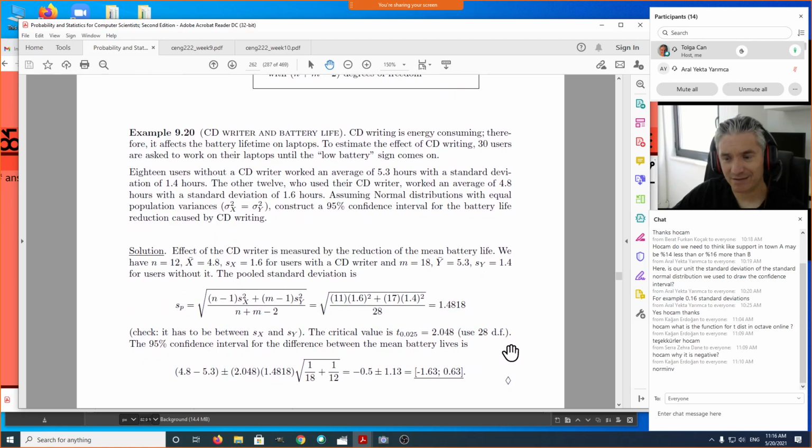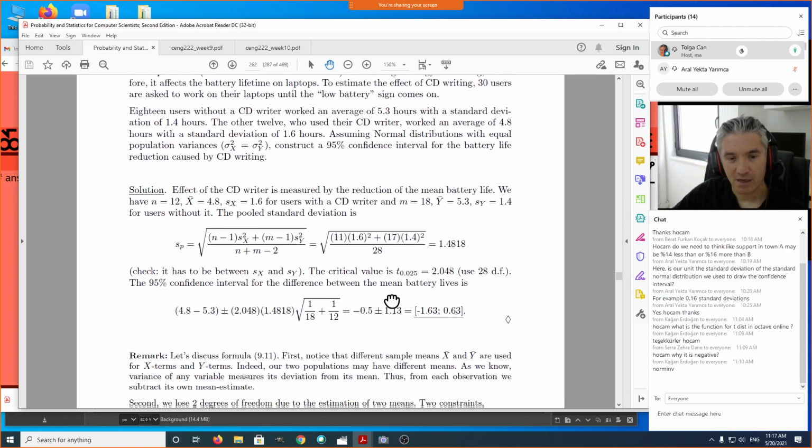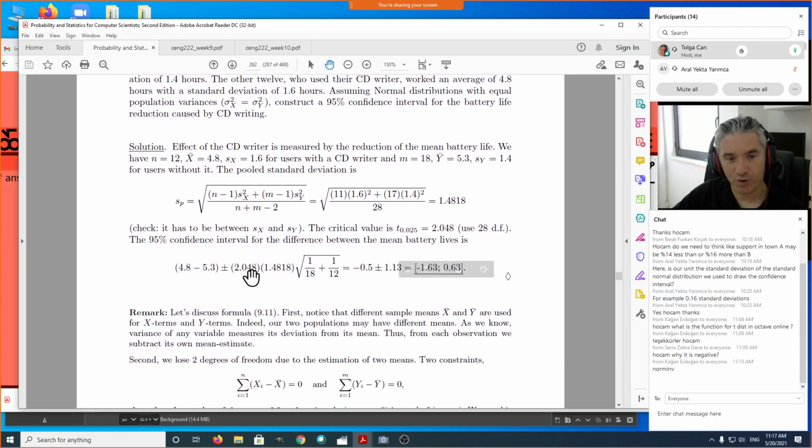You may take a look at it later at home to see how we use the pooled sample variance. But the example is very simple. Just first compute the pooled sample variance and go that many standard deviations away by finding it in the table. 2.048 is the degrees of freedom.